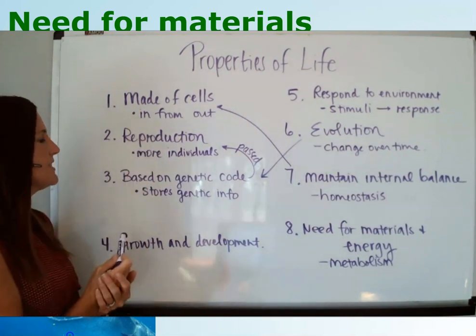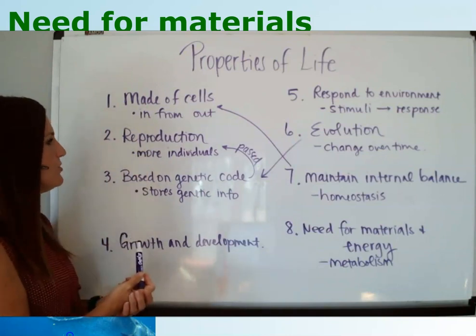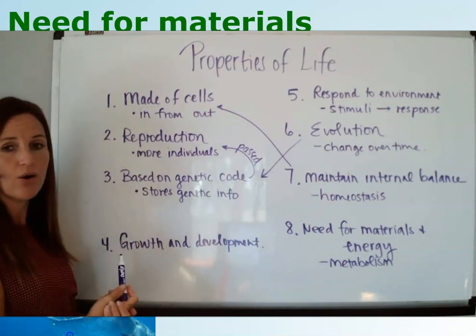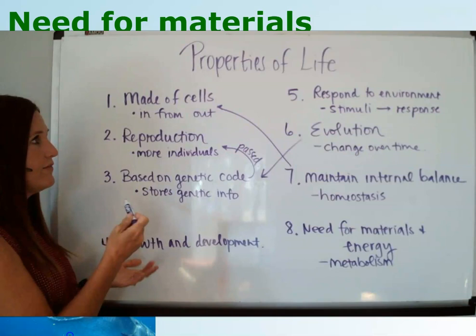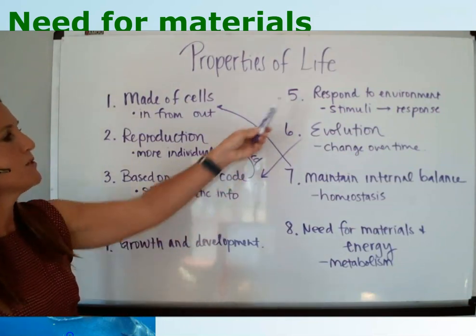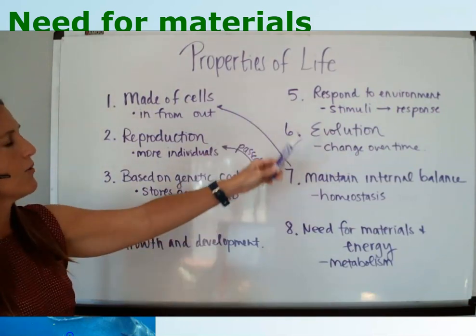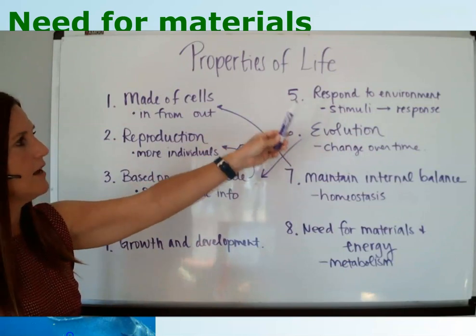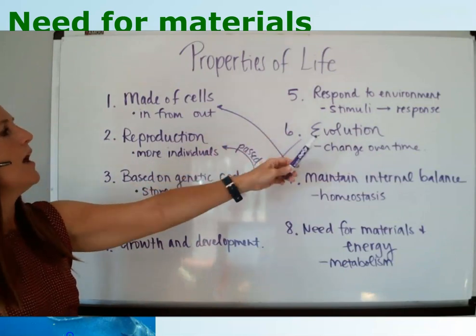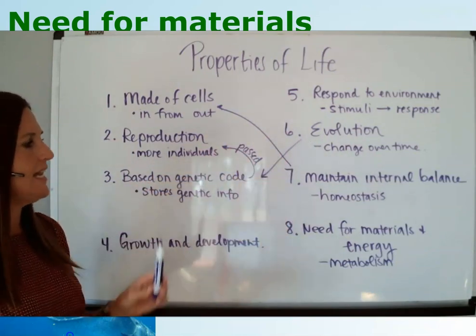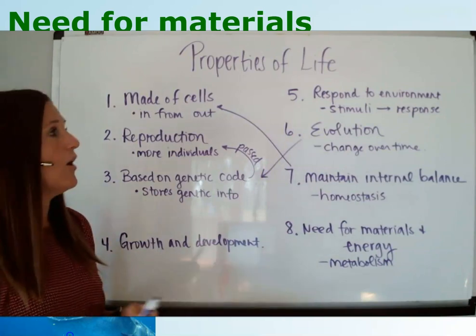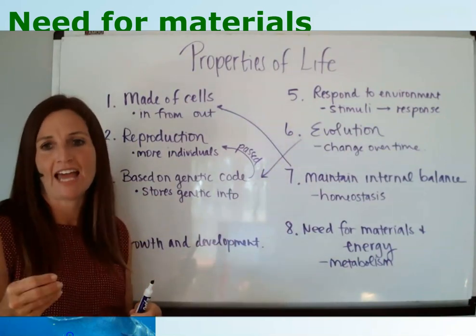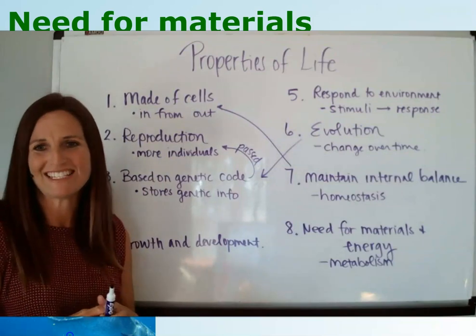All life is made of cells. It can reproduce. It's based on the genetic code. All life can grow and develop, respond to stimuli in the environment, evolve, maintain internal balance, and all life needs materials and energy in order to do all of these things.